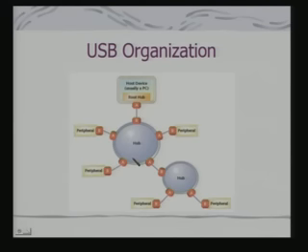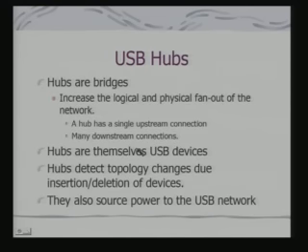You have these hubs to which the peripherals are connected. It effectively increases the fan out of the network, and hubs are nothing but bridges in a USB organization. USB hubs are bridges which increase the logical and physical fan out of the network.